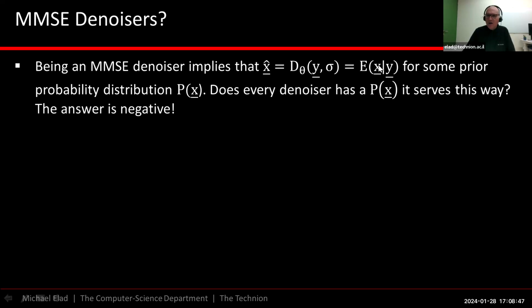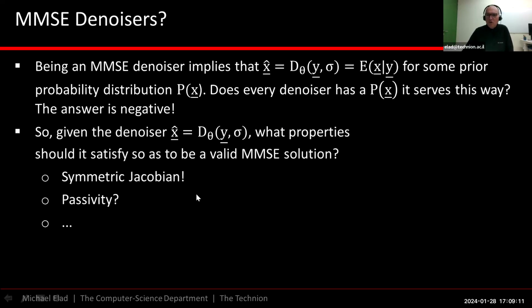And when you train a denoiser like that, I cannot guarantee that such a function exists. Let me give you a few examples just to illustrate what might go wrong.